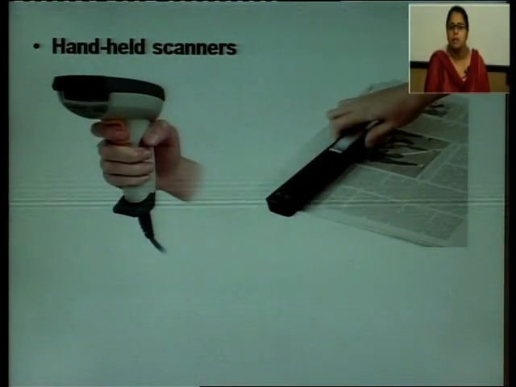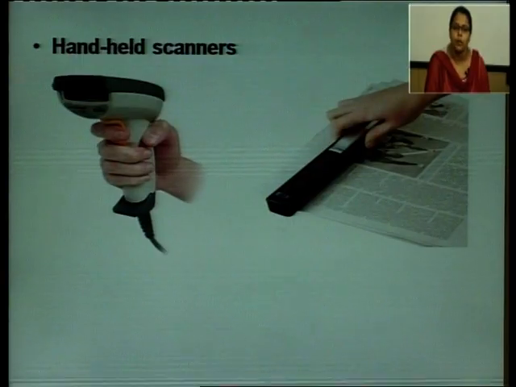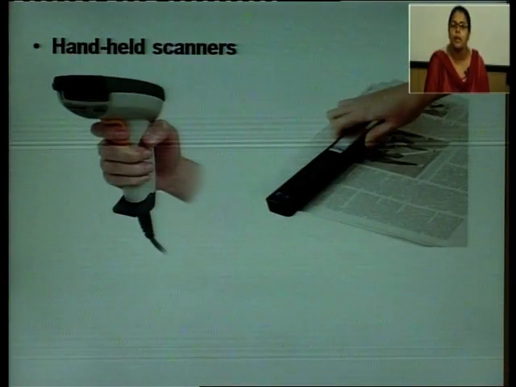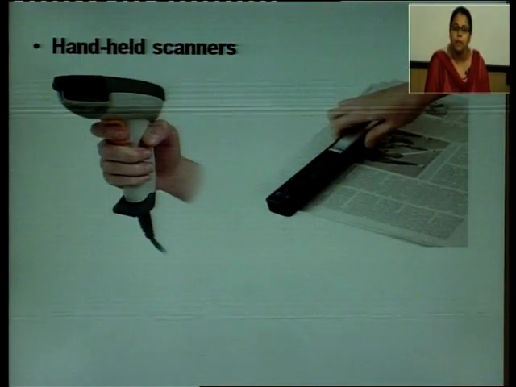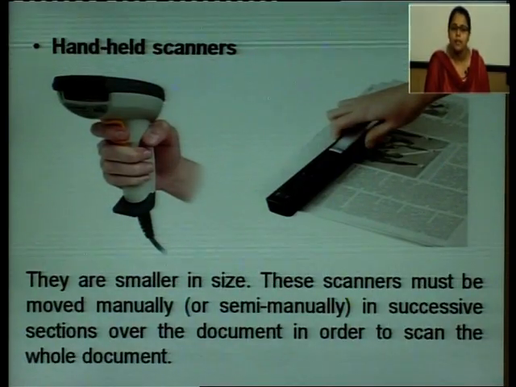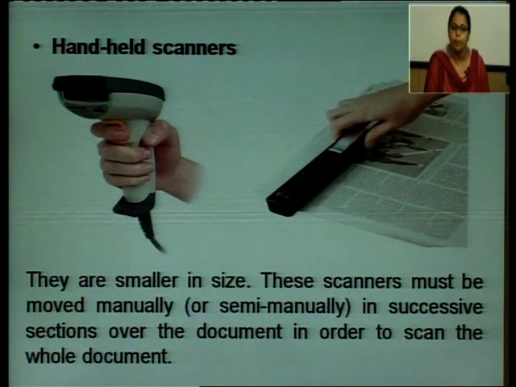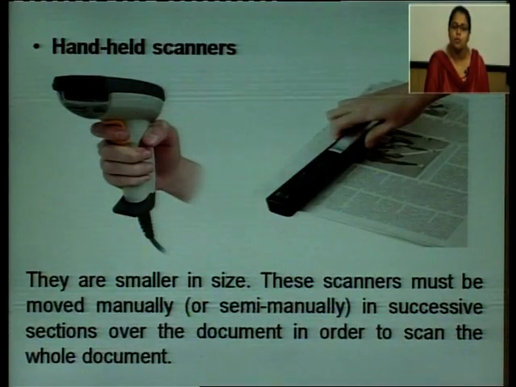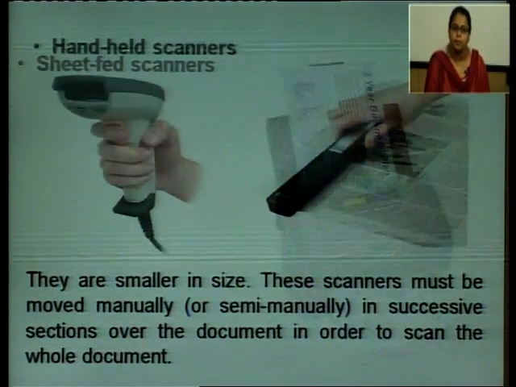Second type of scanners are handheld scanners. As you can see in the pictures, they can be held in hand while scanning the documents. They are smaller in size, and they must be moved manually or semi-manually in successive sections over the document in order to scan the whole document.